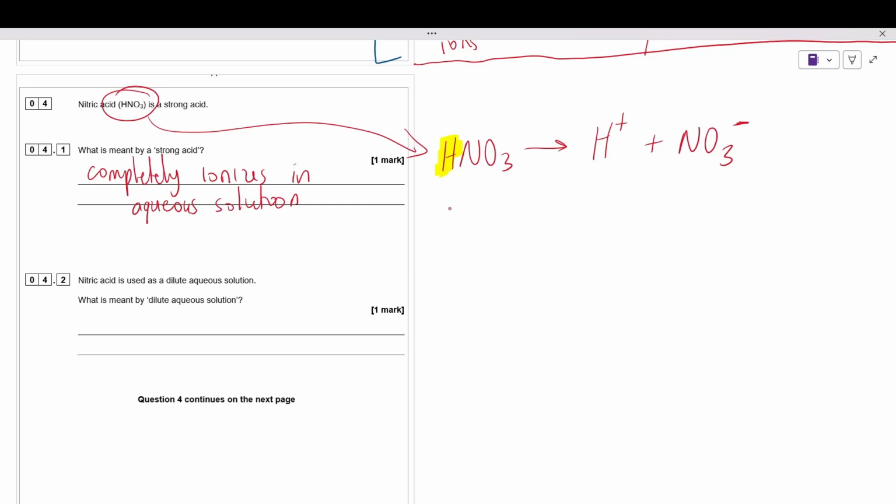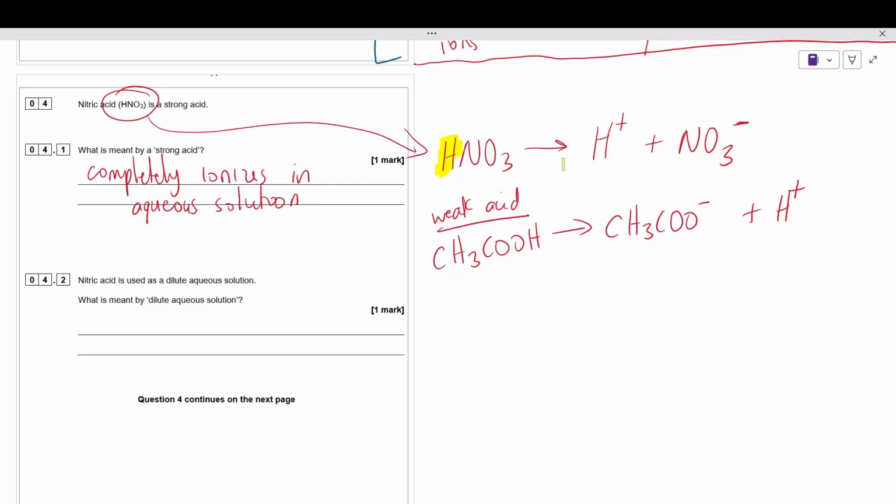On the flip side, if we have a weak acid, like ethanoic acid, that partially ionizes. What that means is we're going to have CH3COO minus plus H plus.